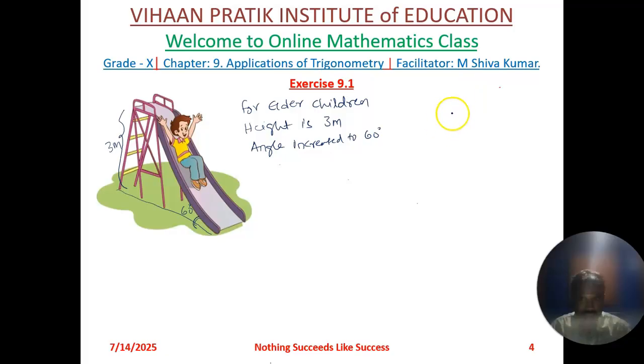Let's draw the triangle again. This is the height, this is the length of the slide, this is the angle. So the angle is 60 degrees. This is C, this is B, and this is A. This is 90 degrees. Now the height is already given. The height is 3 meters and we need to find this length.